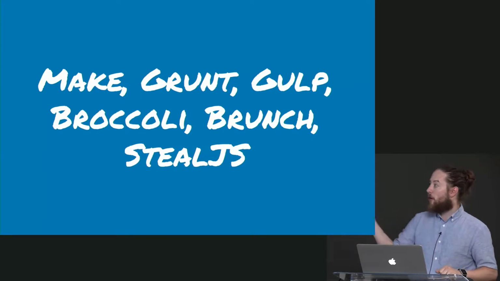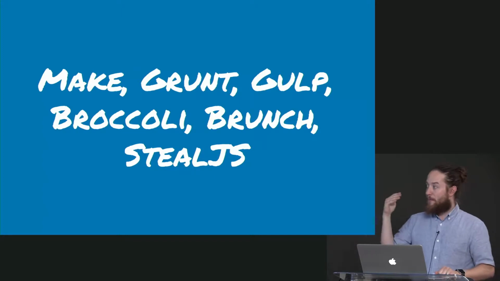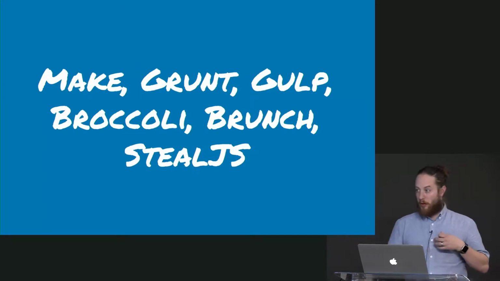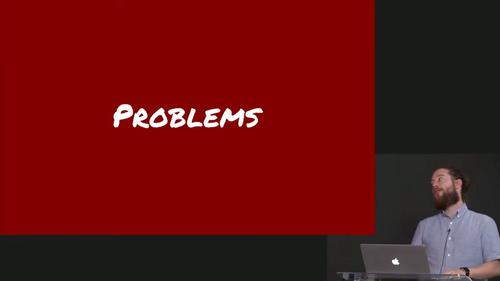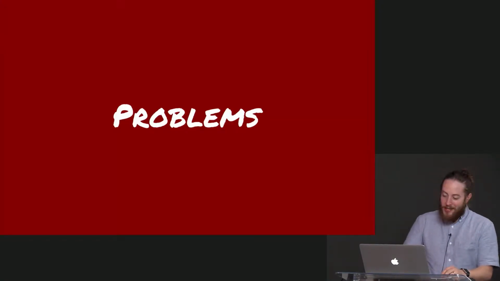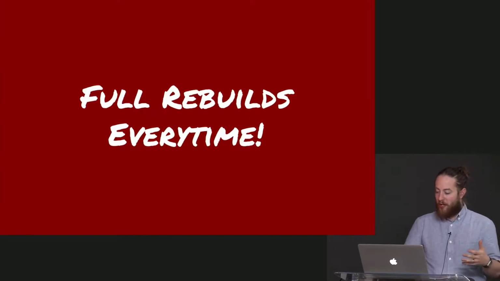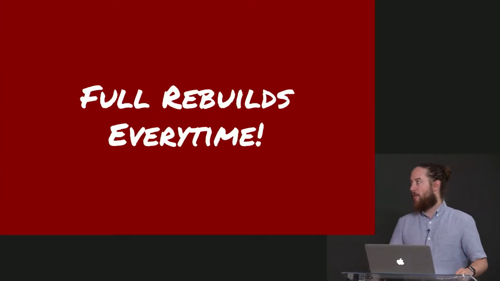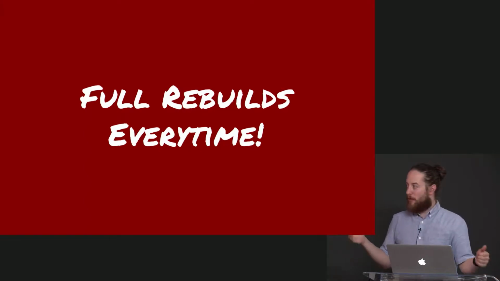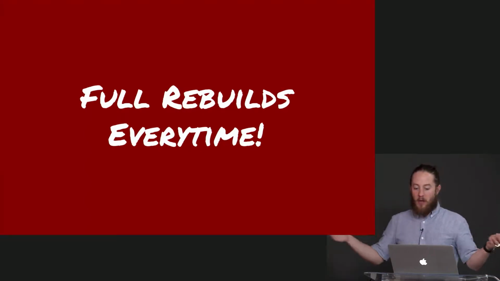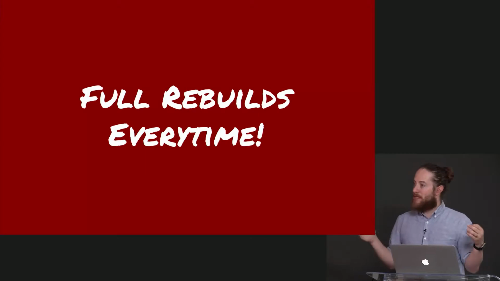And that's what Grunt and Gulp and Broccoli and all of these things do. That's where these tools started cropping up, trying to solve problems. However, there's still problems with this. Anytime you want to change one file, you have to rebuild the whole thing. We're just concatenating all of these scripts together.